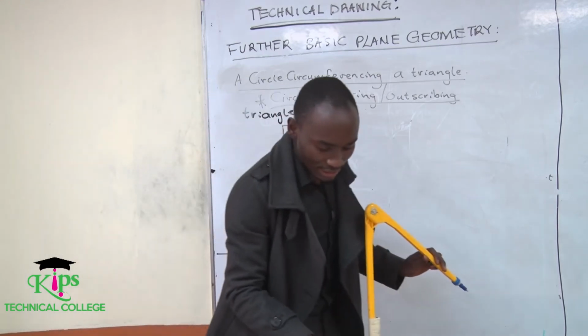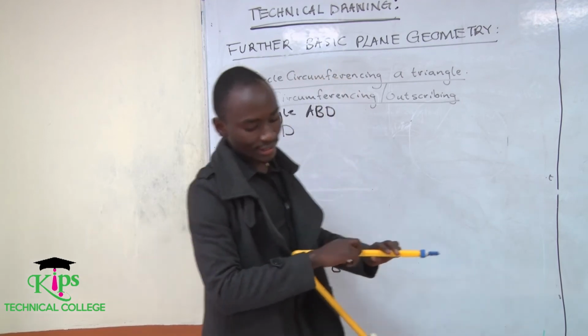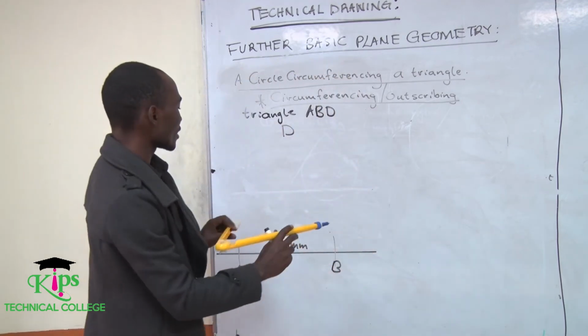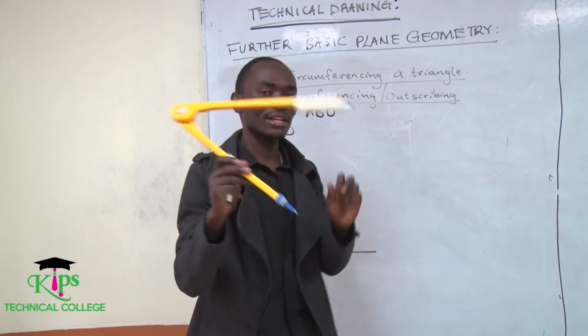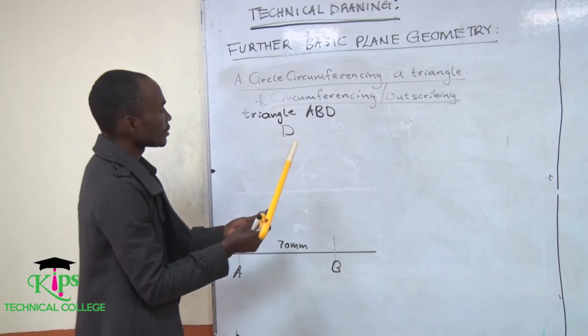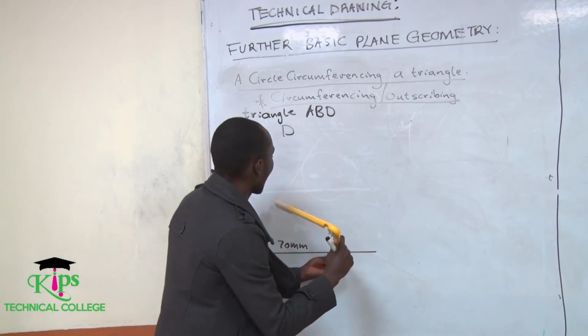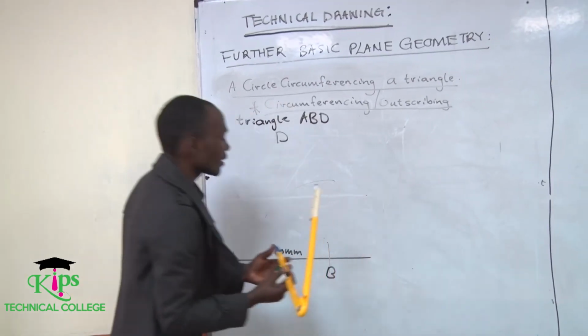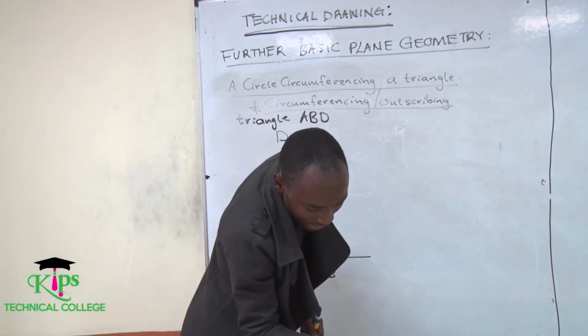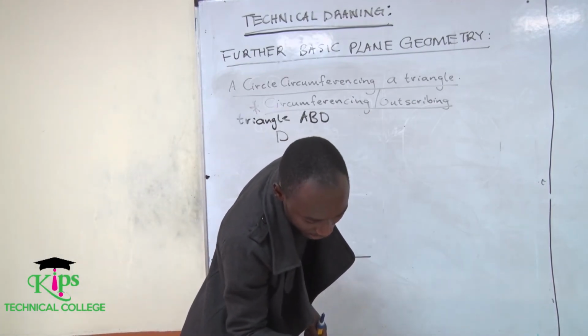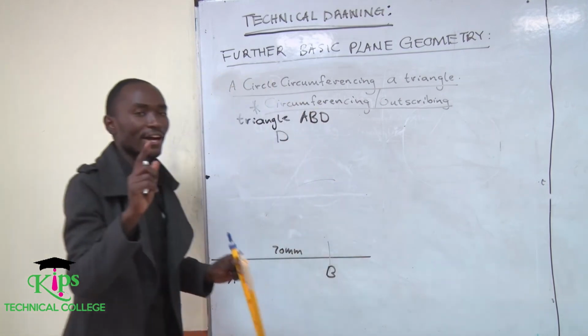So let me assume 65 millimeters from my ruler gives me something like this. So BD is 65. I will put a mark like that. Then AD is 45 millimeters.